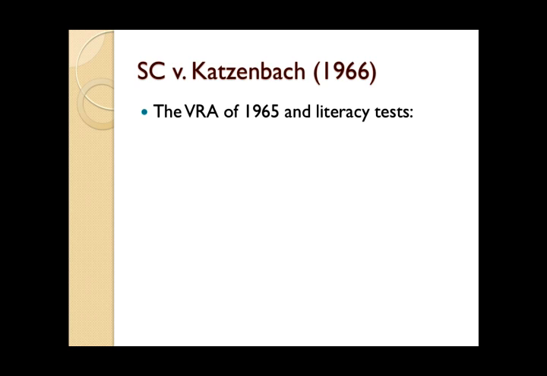So put together, the idea is that those two factors, the use of a literacy test and the low voter registration and turnout, were good indicators to Congress that the state was engaged in racial discrimination.